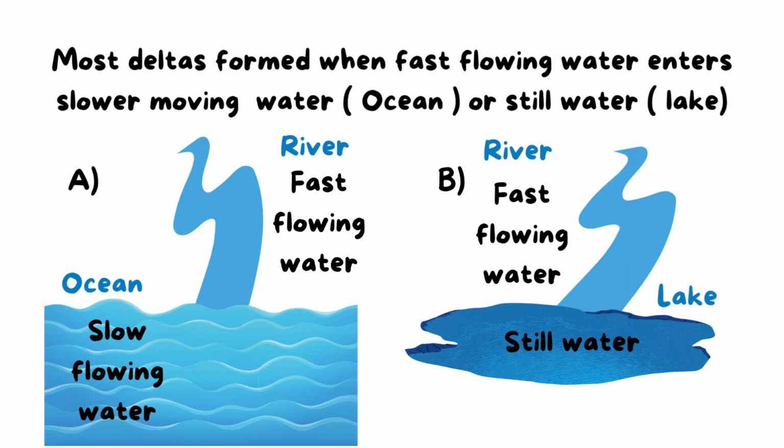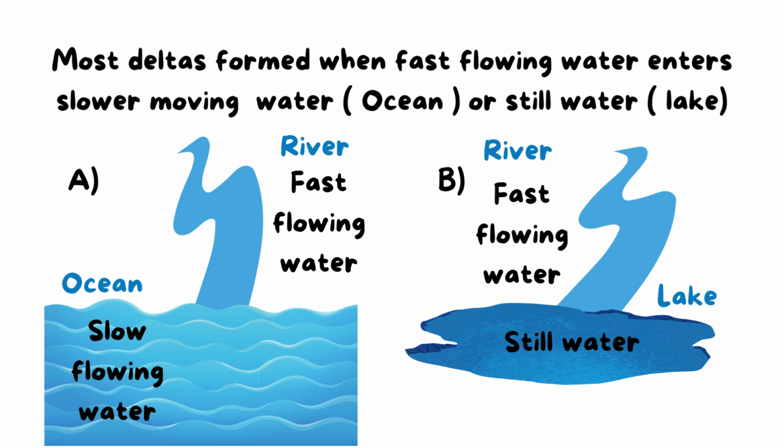Most deltas formed when fast flowing water enters slower moving water, such as the ocean, as the flowing water in the ocean is slower than the river.